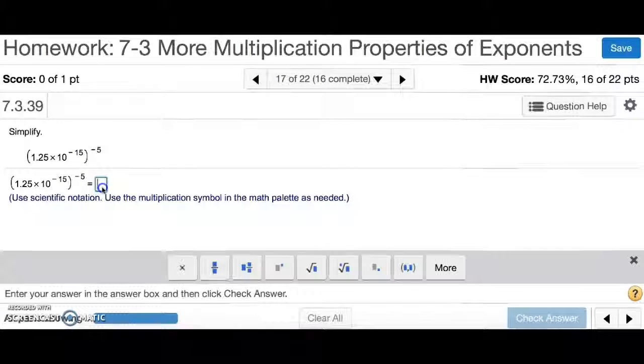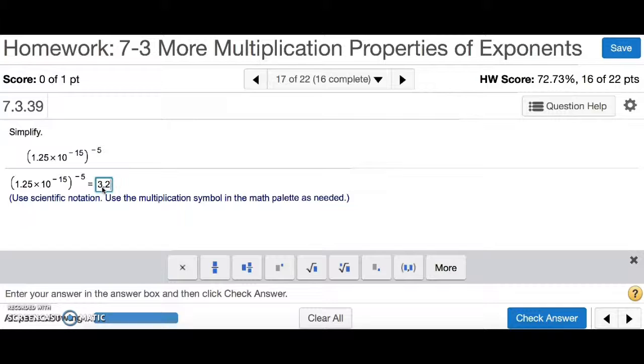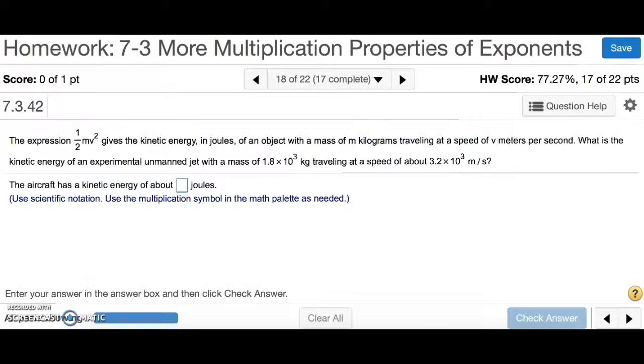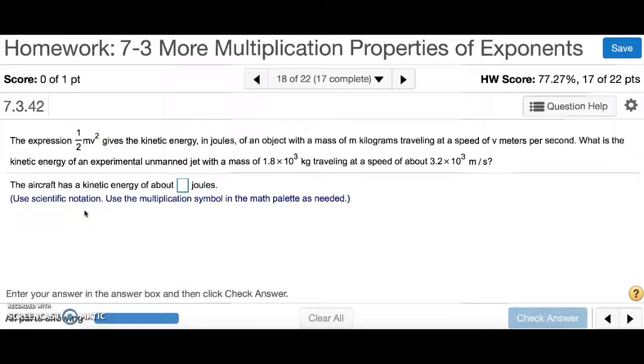So typing it in, I have 3.2768 times 10 to the 74 power. And that's number 17.